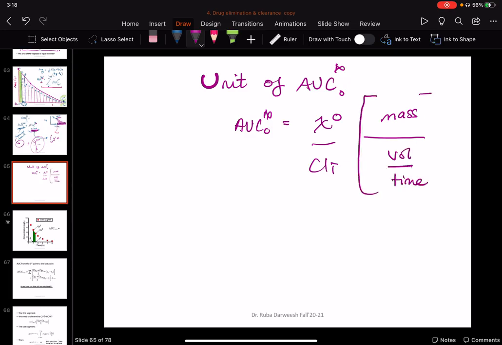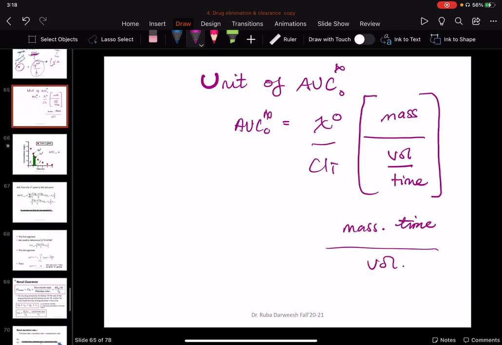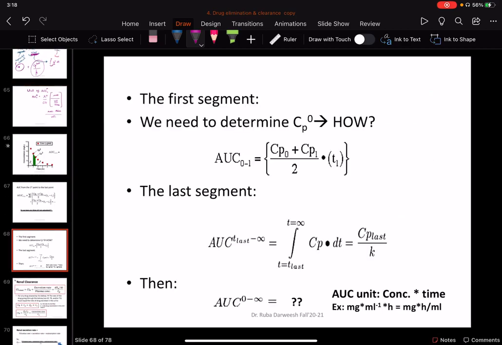So this is the unit of the clearance, or could be just mass time over volume, or mass times the reciprocal of the volume multiplied by the time, which I already mentioned here. Okay, it's mass times the reciprocal of the volume multiplied by the time, or mass hour over volume, or mass time over volume. And I will stop here to make area under the curve a separate part.